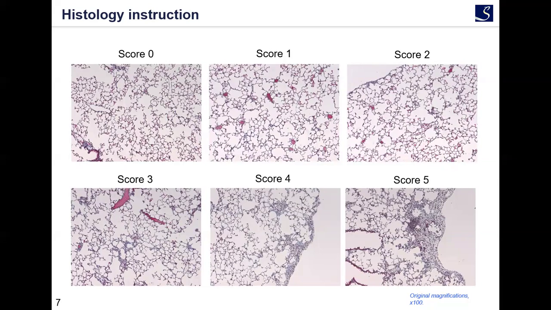Histological staining of each stages looks like the picture shown here. Score 0 is normal lung. Score 1 shows minimal fibrous thickening of alveolar or bronchiolar walls. Score 3 is moderate thickening of walls without obvious damage to lung architecture.